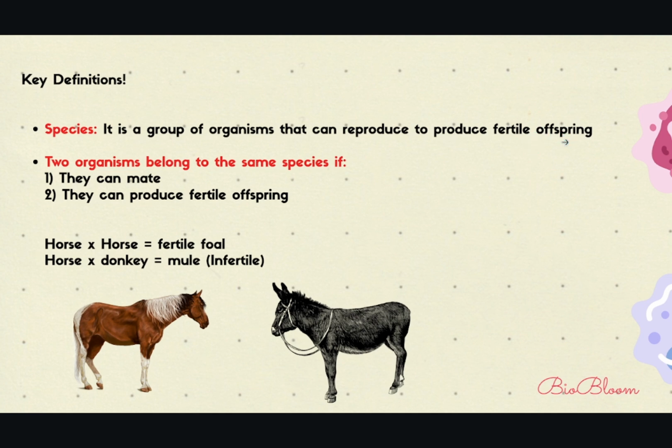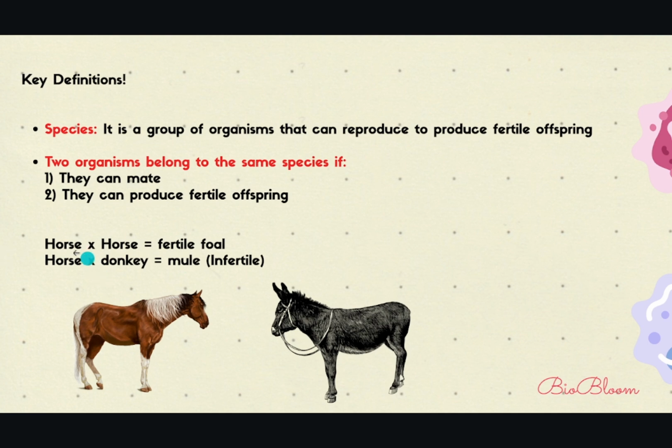What exactly this means is that these organisms have to produce fertile offspring, which means that those offspring also need to produce their own offspring. So two organisms belong to the same species only if they can mate and produce fertile offspring. Now let me give you an example so that you can understand it better.